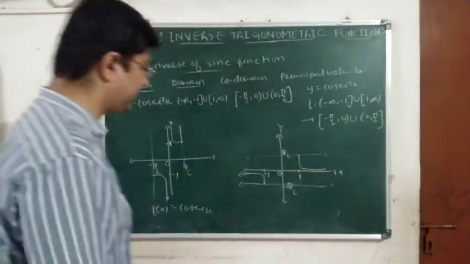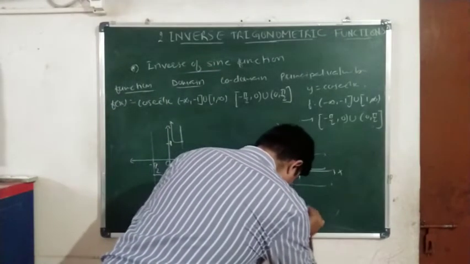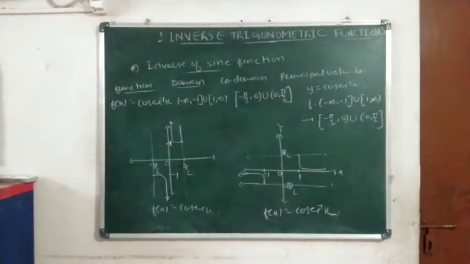Okay, this is the graph of f of x is equal to cosec inverse x. Clear? Just look at the graph carefully.